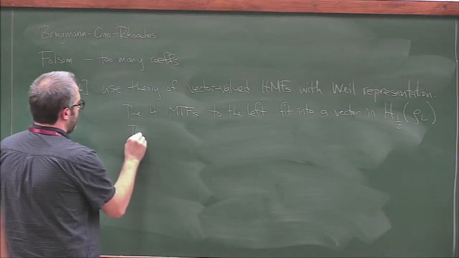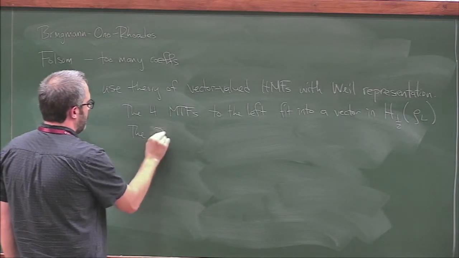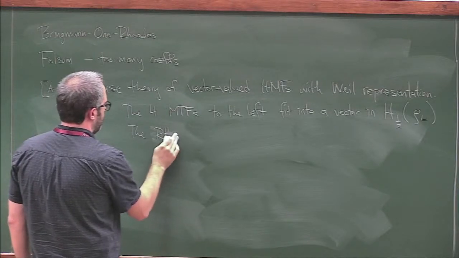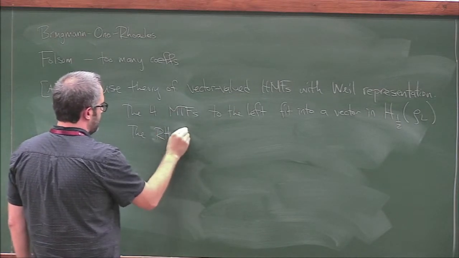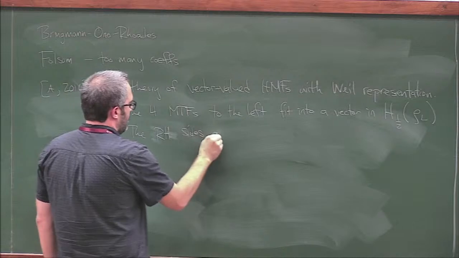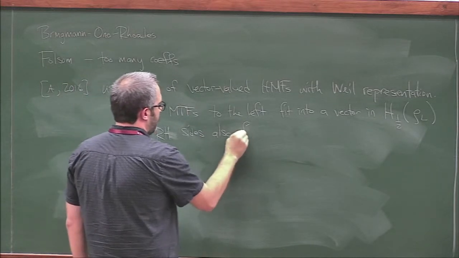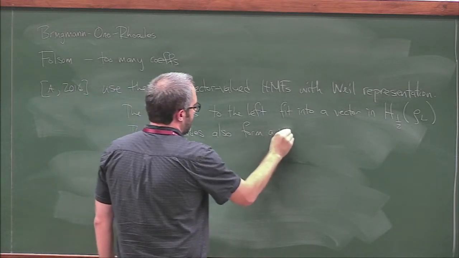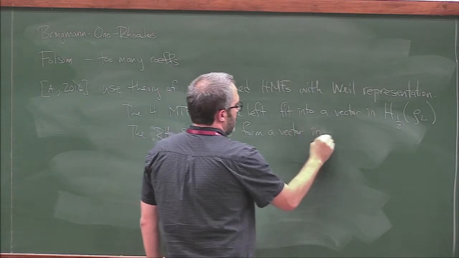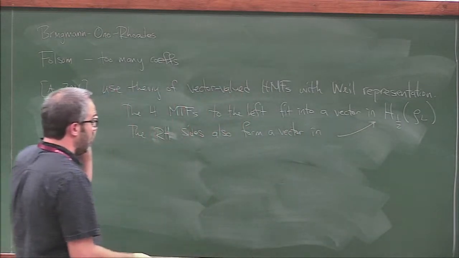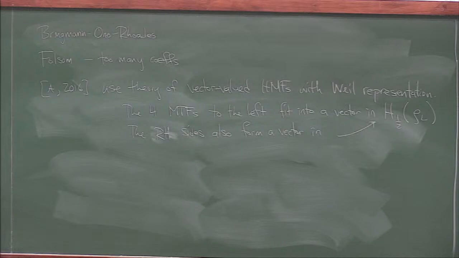The right-hand sides also form a vector in this space. And so you've now found a space in which they both live, and now the entire game is to compute the shadow on the left and to compute the shadow on the right.